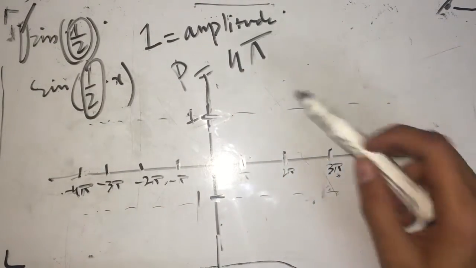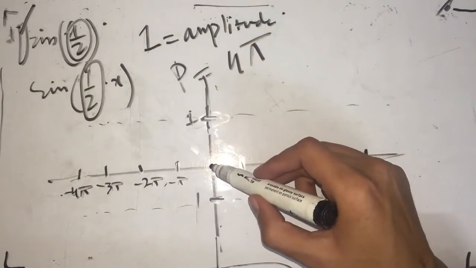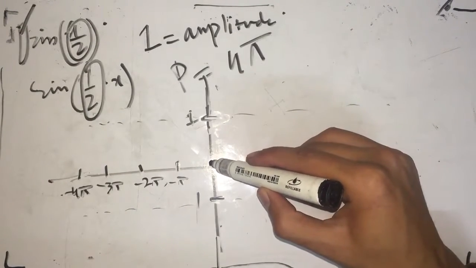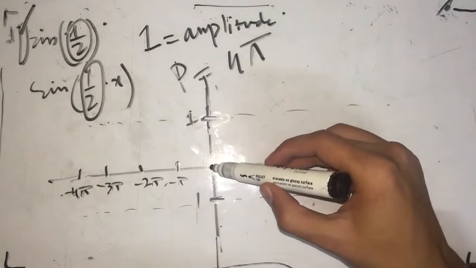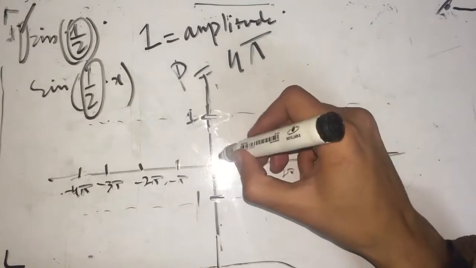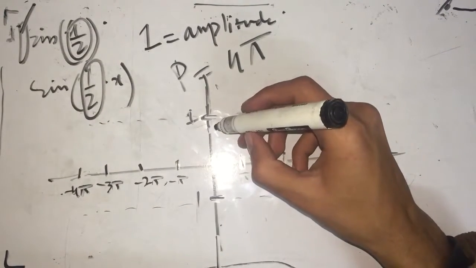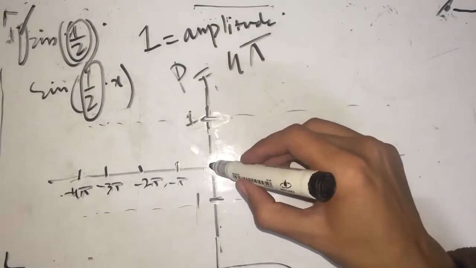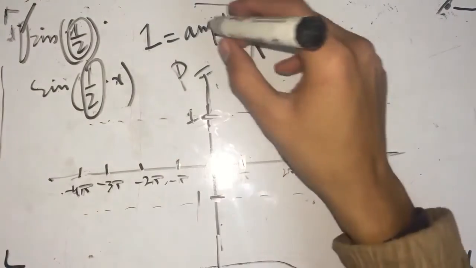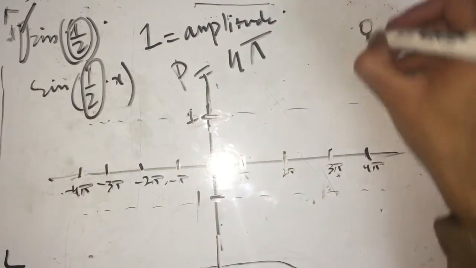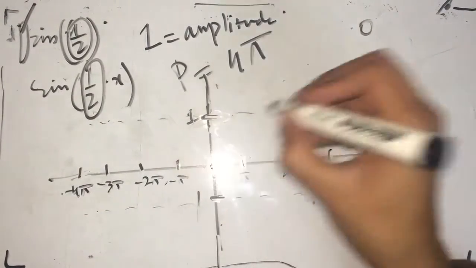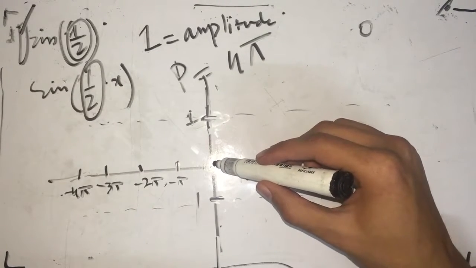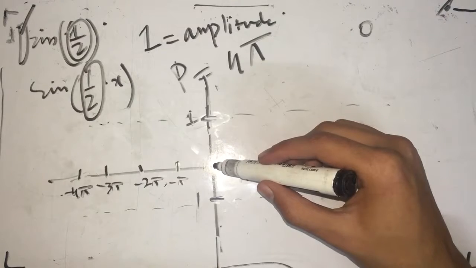So at 0 the sine function is 0, so we have this point. At pi by 2 it's 1.